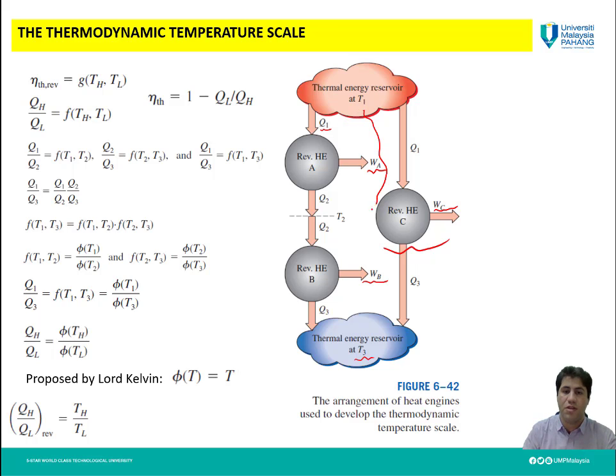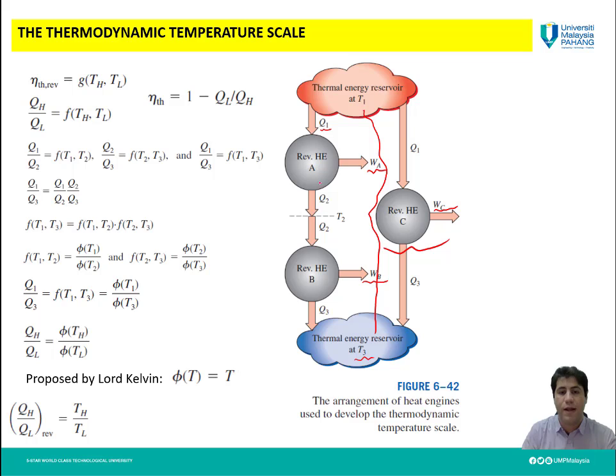And as you notice here, we have an arrangement like what you can see here. We have one heat engine here and two heat engines here. These will help us because, according to the first law of thermodynamics, or conservation of energy, during this process with two heat engines there isn't any possibility for any heat destruction or any heat generation during this work generation by these two heat engines.